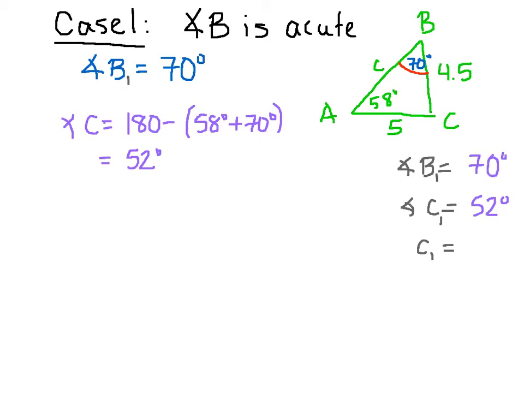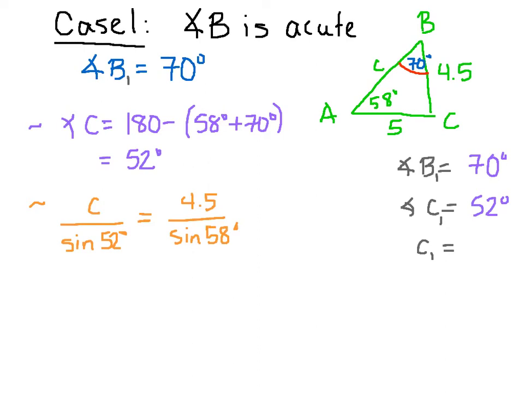Now the last thing you have to do is figure out what your side C is. For side C, you can just use your law of sines. Say C over the sine of C, which is 52 degrees, is going to equal, I'm just going to use side A and angle A because that remains constant no matter what, 4.5 over the sine of 58 degrees.